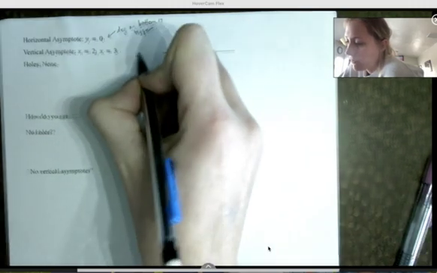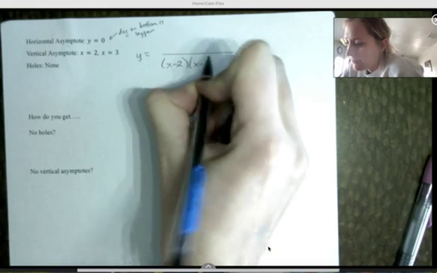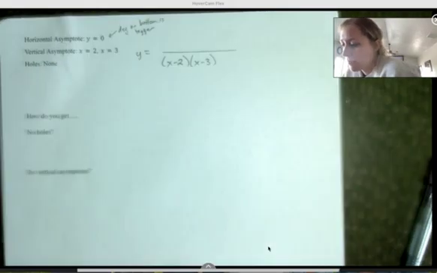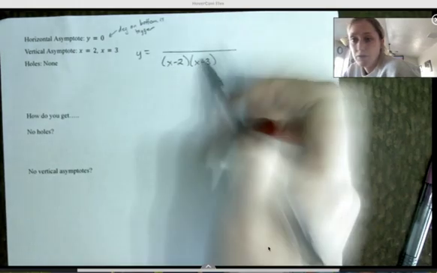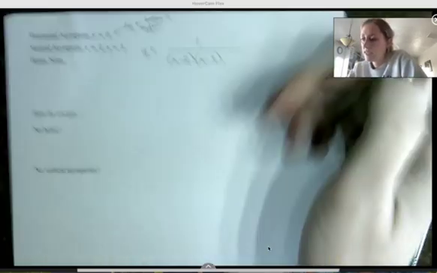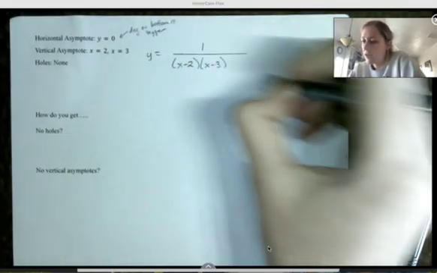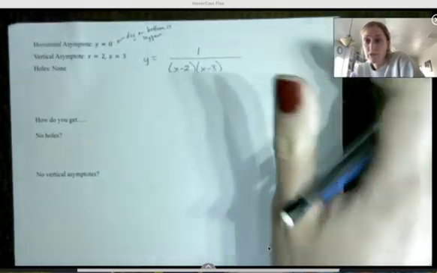So we know on the bottom it's going to be x minus 2, x minus 3. I just want the degree on the bottom to be bigger. So right now I have a degree of 2, so I could just put a 1 on top, or I could put like an x. Doesn't really matter, okay?